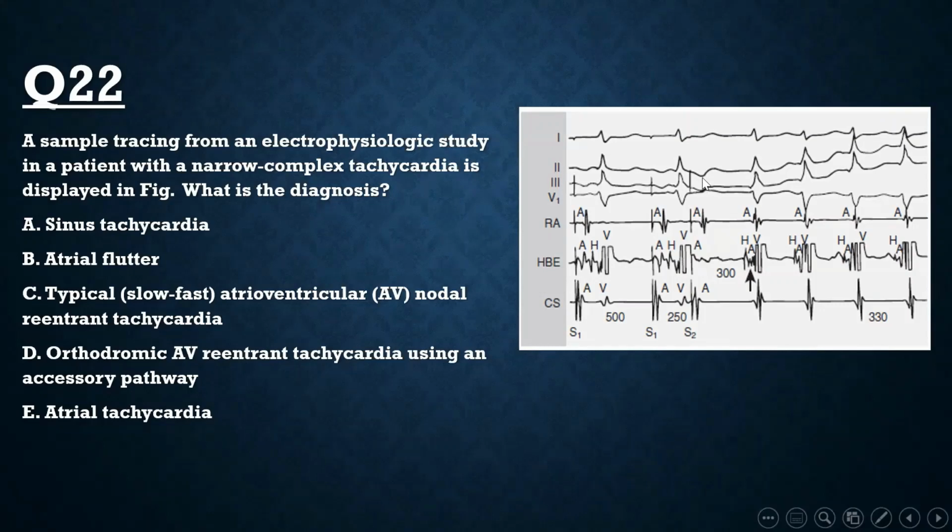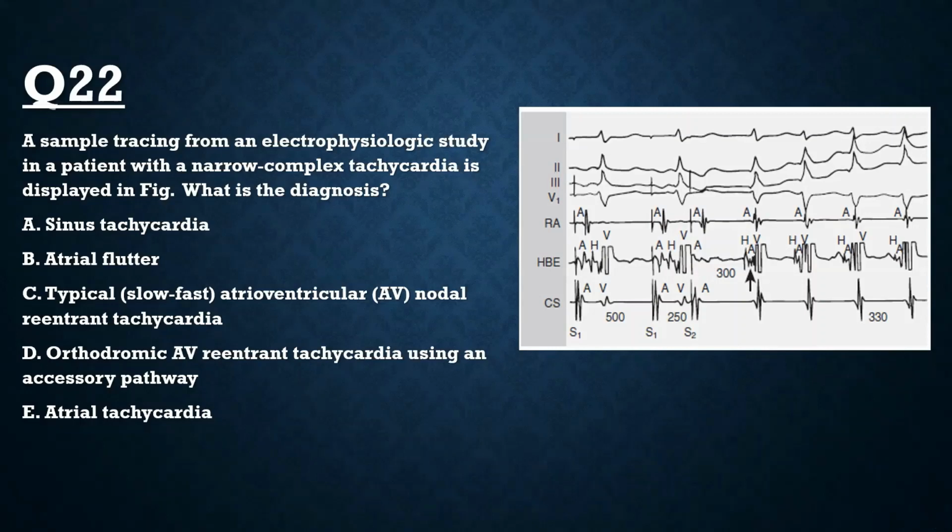Another pacing, which is so early, leads to activation of the atrium, and in the His there is A, as you see, but where is the H? The H is so far away, which is here. So the AH is very prolonged.